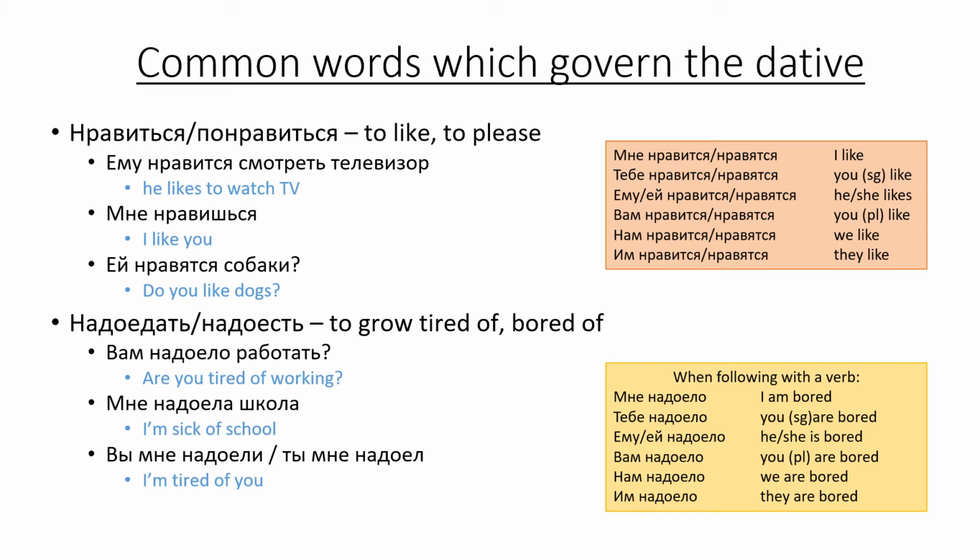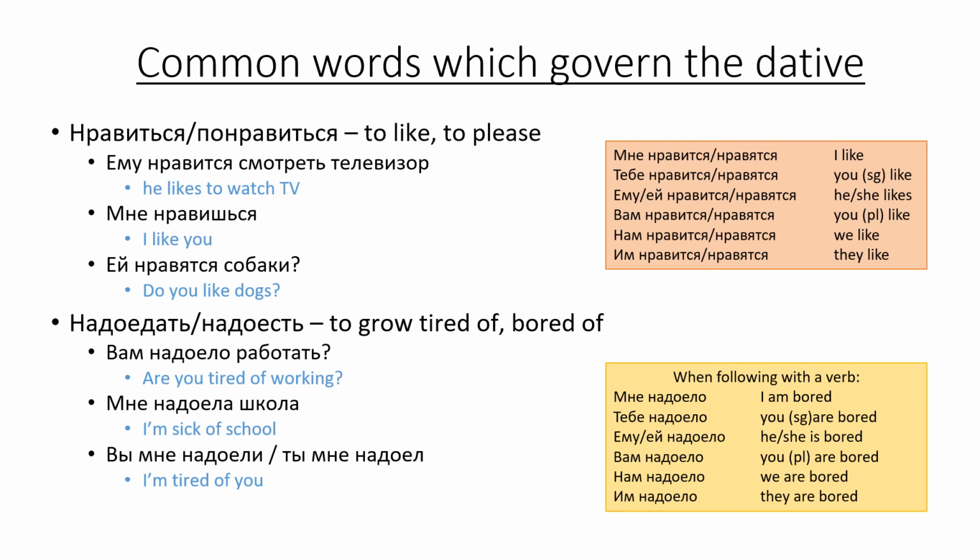Надоело вам. And you use that when it's followed by either the verb in the infinitive or a noun that is neuter. As you might be aware, verbs work a bit differently in the past tense, and for more information I have another lesson on verbs in the past tense that you can look at. They decline according to gender and whether it's singular or plural.